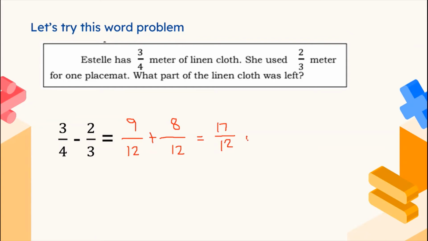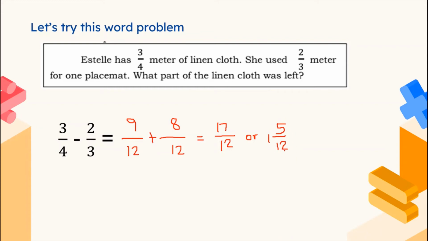The answer for this one is 1, and just copy the denominator 12 here. And the numerator here is 5. So for our final answer, what part of linen cloth was left? The answer here is 1 and 5/12.